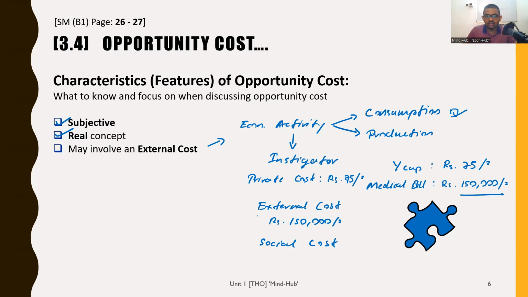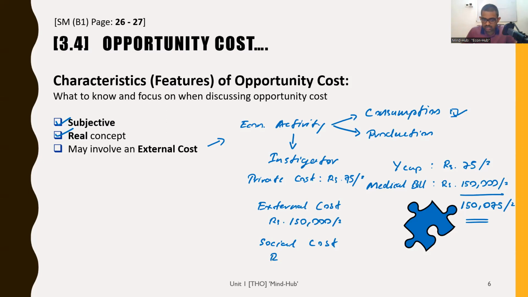Just do a calculation. Excellent. The social cost is 150,075 rupees. Yes or no?